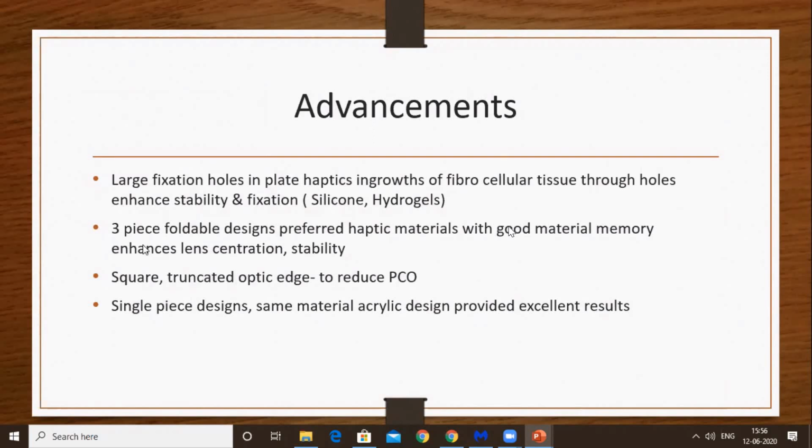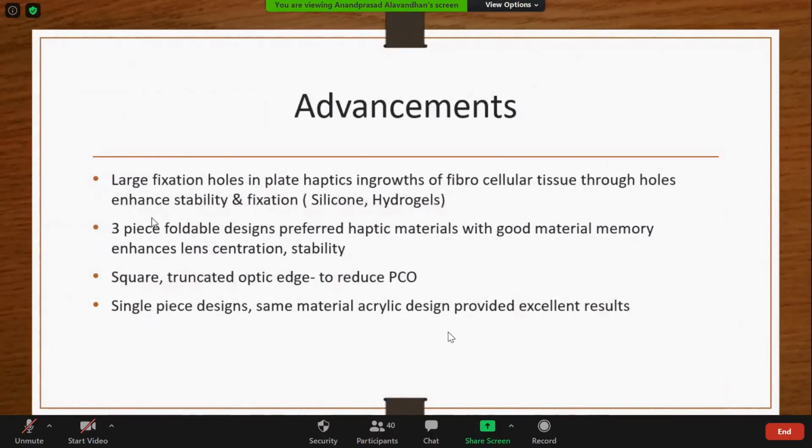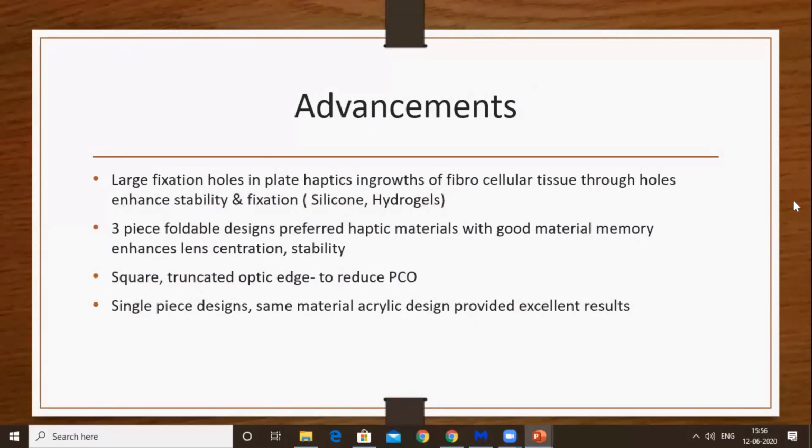And I already told about the three-piece lens, where the optic will be of a different material and the haptic of a different material. In this case the lens centration will be better, because the haptic may be hydrophobic or hydrophilic, so it will be more stable. Then I already told about the edging of the lens.